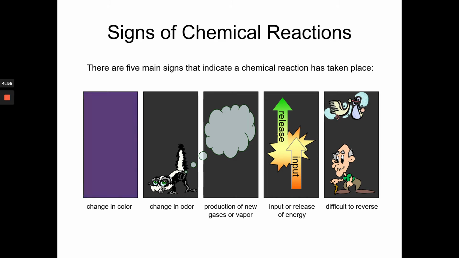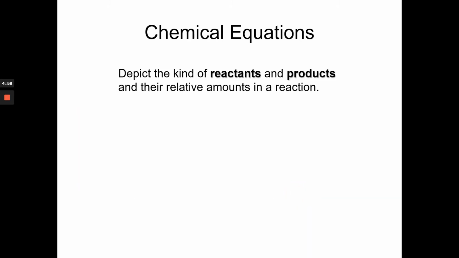All right, let's make sure we know some vocabulary. What you start with in a chemical reaction is called the reactants, and what you end with is called the products. So here I have a balanced chemical equation. Aluminum plus oxygen makes aluminum oxide.